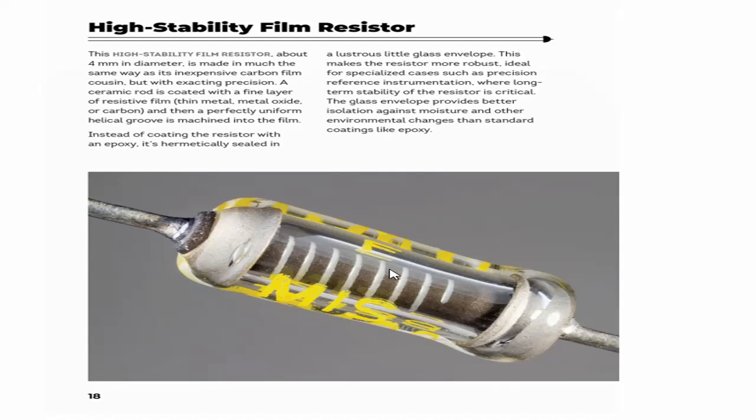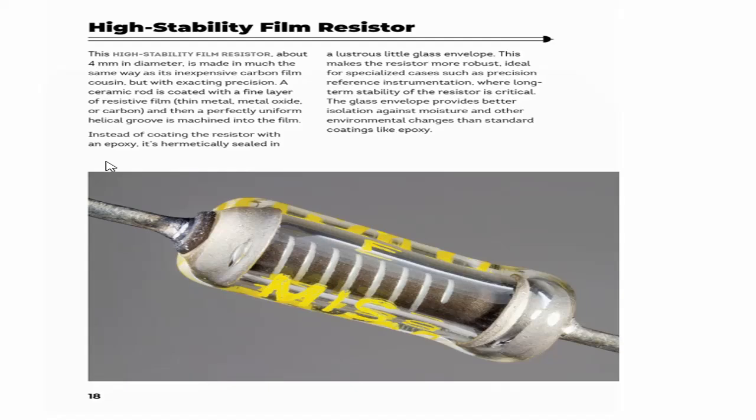Here you can see that the ceramic rod is coated with a thin glass layer. Instead of coating the resistor with an epoxy, it's hermetically sealed in a lustrous little glass envelope, as I mentioned.